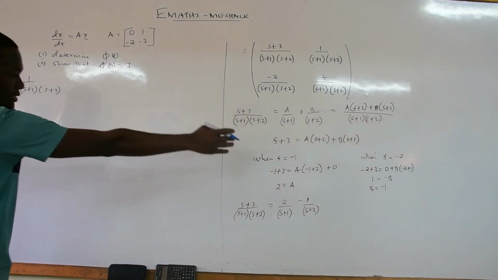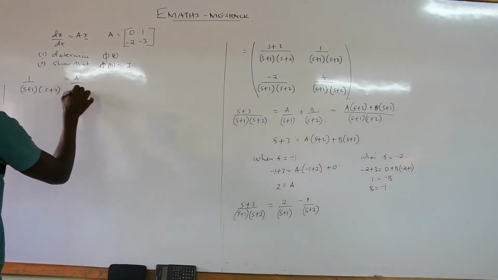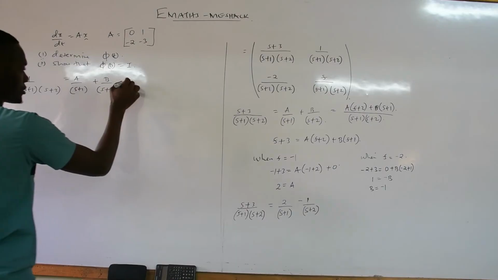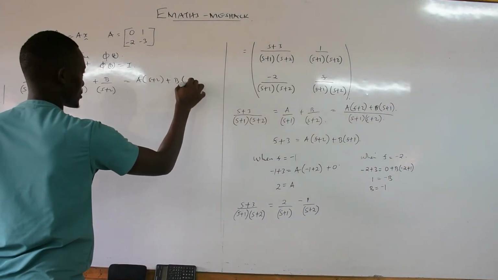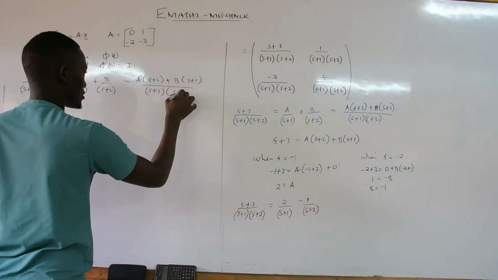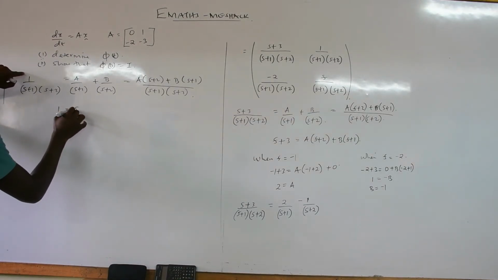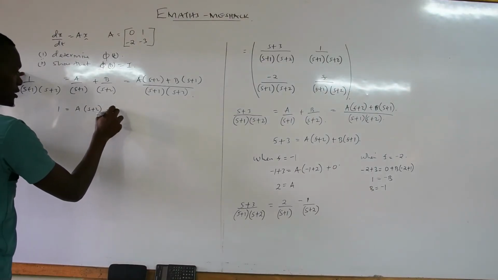We just have these partial fractions anyway, but you can just write it for the sake of writing: 1 equals a times s plus 2 plus b times s plus 1, over s plus 1, s plus 2.